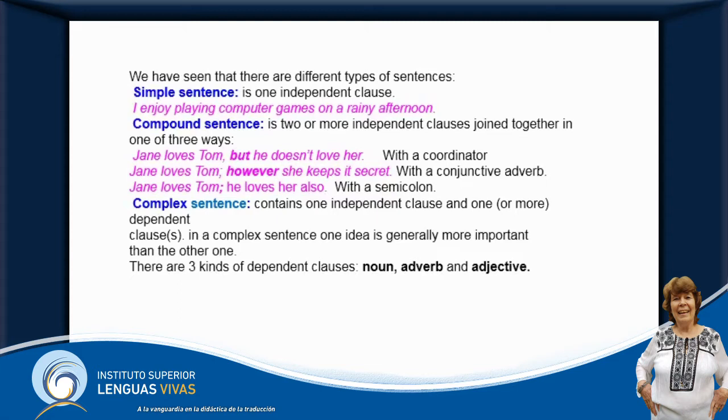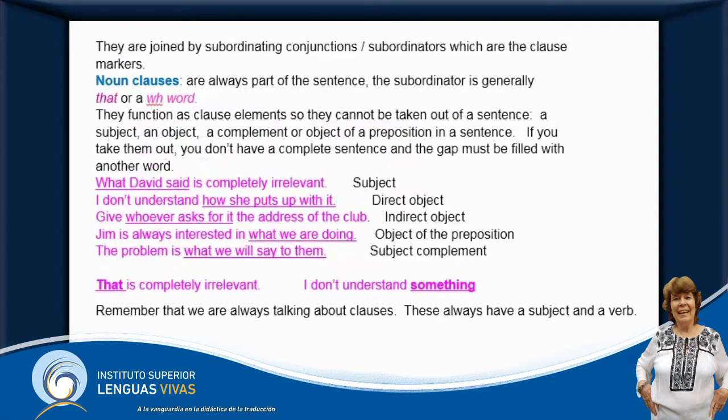You have three kinds of dependent clauses in English, which are subordinated. They are noun, adverb, and adjective clauses. They are joined by subordinating conjunctions or subordinators, which are the clause markers.